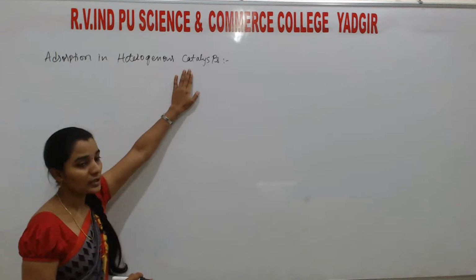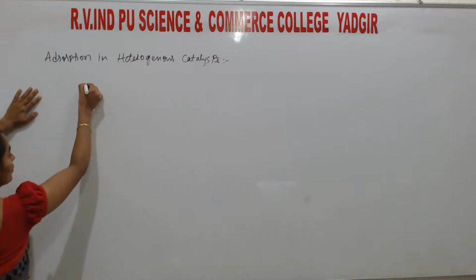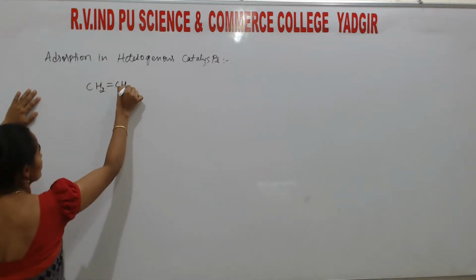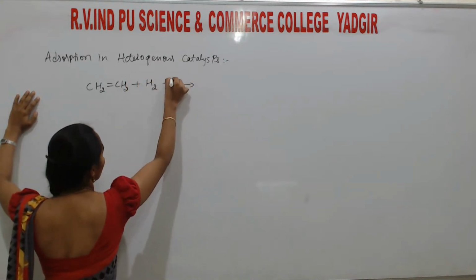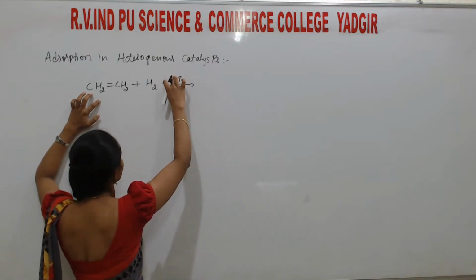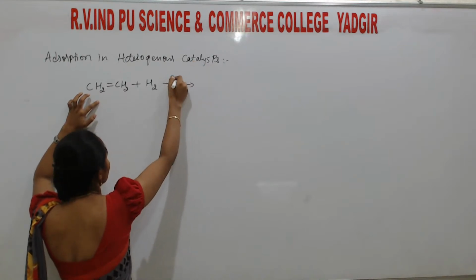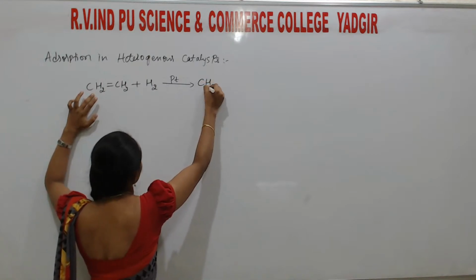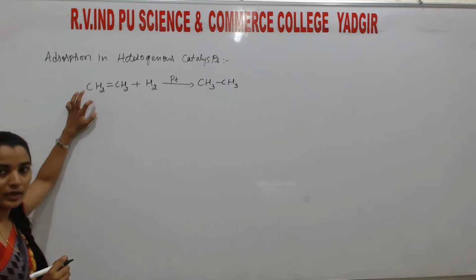So in heterogeneous catalysis, how does adsorption take place? I take the example of CH2=CH2 in the presence of H2 and nickel, platinum or palladium as a catalyst, forming CH3-CH3. Understand?